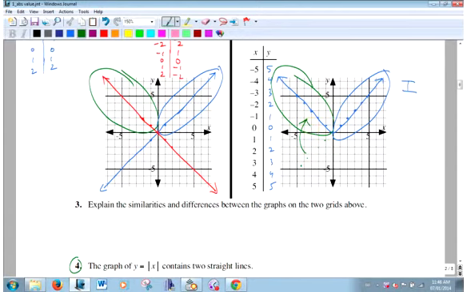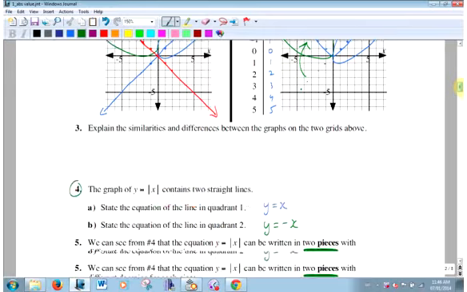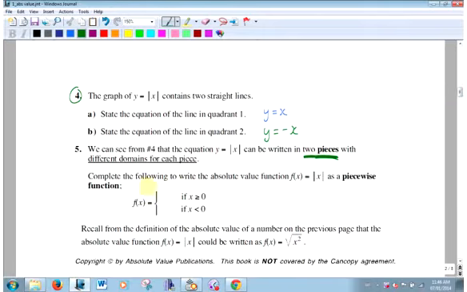You can't have any negatives with absolute value. Okay, now it's kind of like a butterfly. All right? So, as a piecewise function, that's some weird terminology today. This is what they mean. Write it in two pieces, a piecewise function. And maybe some graphs we're going to get 3 pieces, maybe 4 pieces. All right? Today you're just going to get 2.